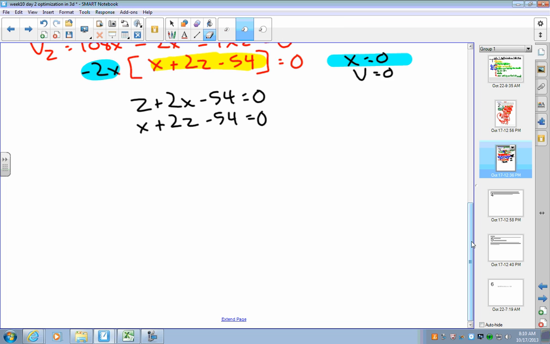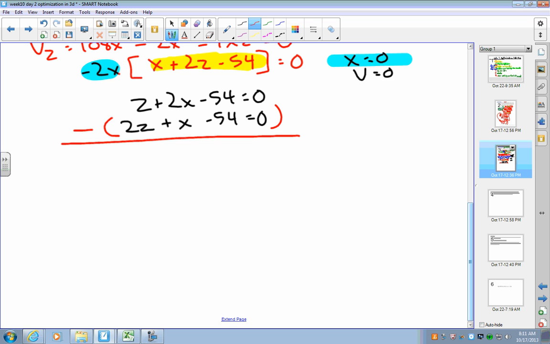Let me rearrange so you see the lettering lining up correctly. This is a 2z plus x. So what could I subtract? Let's just subtract straight here and see what we get.